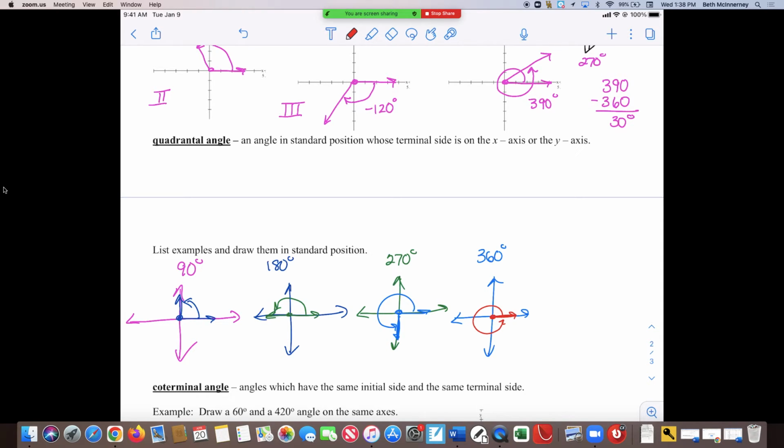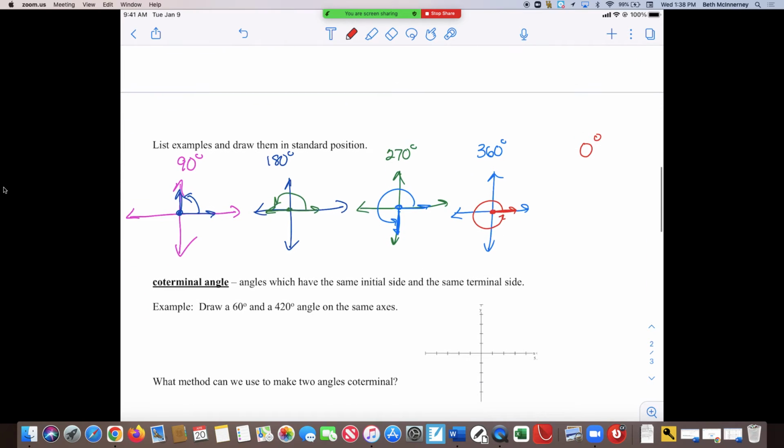0 degrees is also. And then, do you understand that there are infinitely many quadrantal angles? Because just like Keelan mentioned, I could go negative 90, negative 180, negative 270, negative 360. But I could also add 360, add another 360, subtract 360, and I could just keep going around and around and around.